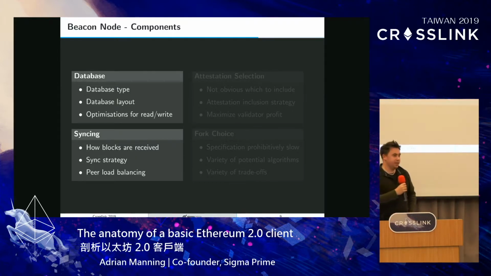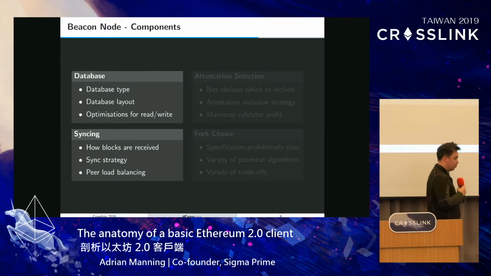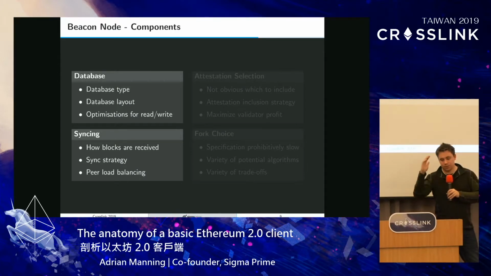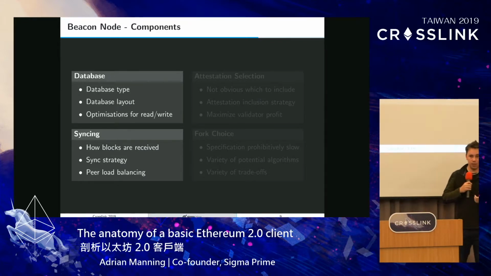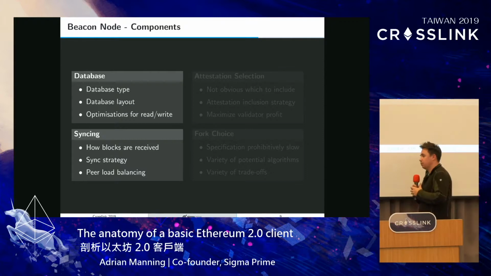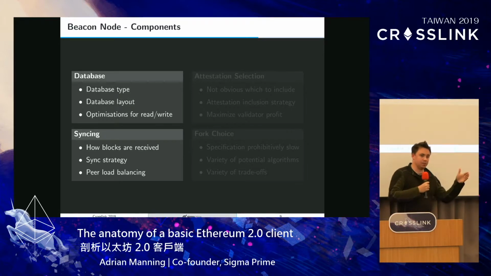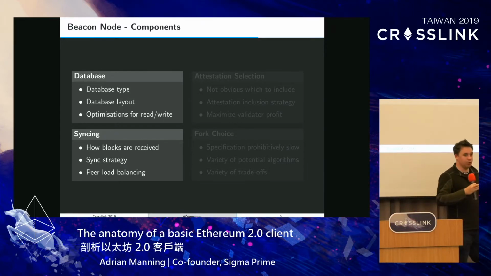The next one is syncing. We have a networking specification that tells us how we can download blocks and state from our peers, and it implies a general form of syncing strategy, but in the implementations there are different optimizations and different strategies that in some cases can be faster and in some cases can be slower, depending on the state of the chain and the network.